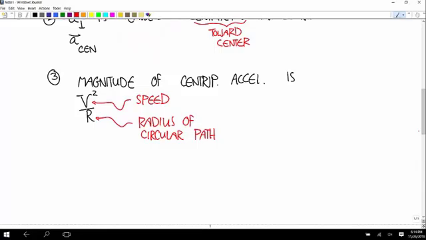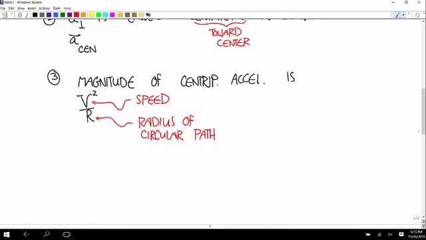Now let's think about the fact that the speed is in the numerator. That makes sense. What about the fact that the radius of the circle is in the denominator? Does that make sense? The first thing we did was go 20 meters per second around that original big circle.